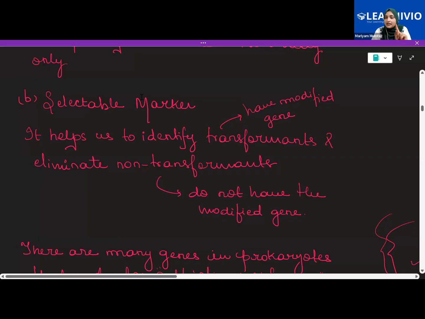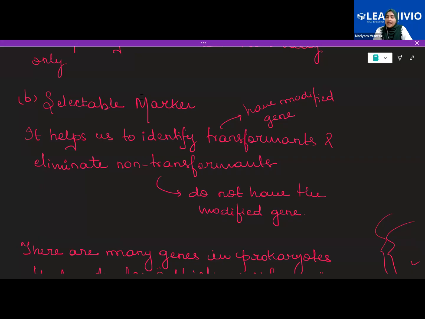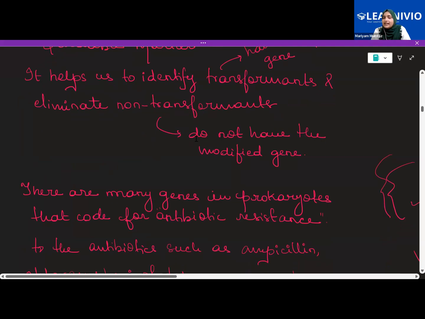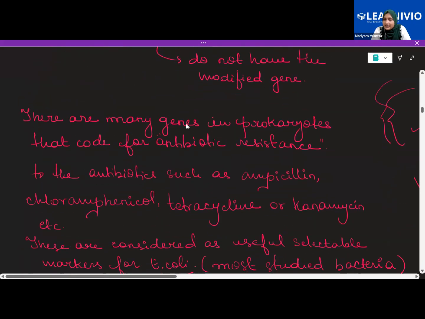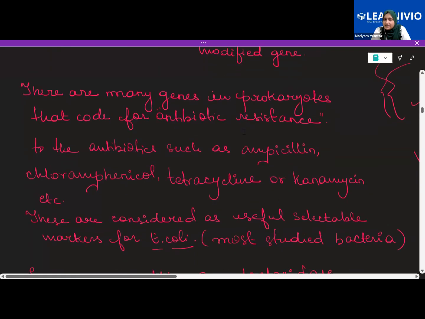The selectable marker is that part of the vector which will help us identify whether the vector has become a transformant, meaning has been transformed, or a non-transformant that has no modification in the gene. There are many genes in prokaryotes which code for antibiotic resistance, right?